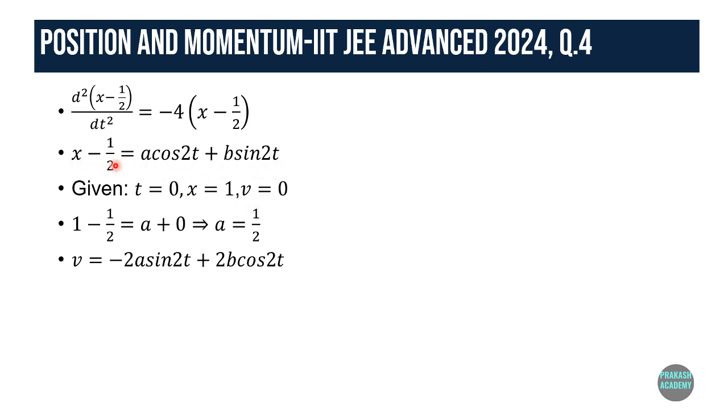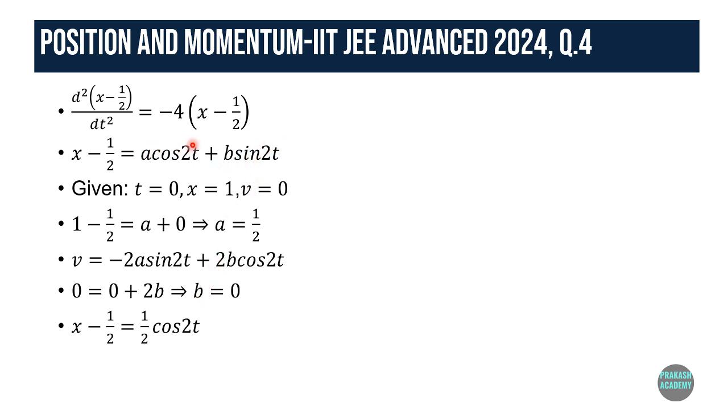Differentiation of Y is v, and a cos 2t gives minus 2a sin 2t, and this gives plus 2b cos 2t. Let us put t equals 0. This term will be 0, so I have only 2b, because cos 0 is 1. So 2b equals 0, because velocity is 0. Now b equals 0, which means this term is not there.